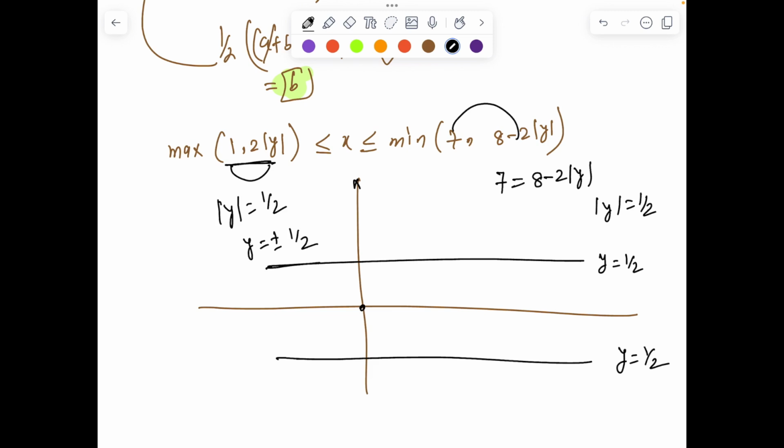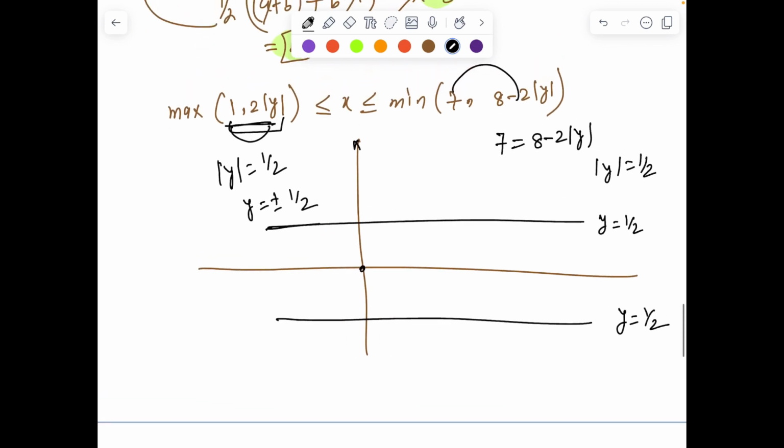So the equality case will be 7 equals 8 minus 2 mod y, and it will give mod y equals half, which gives y equals again plus minus half. So for both of them I'm getting the same value, and now x should be lying between the max of this as well as the min of this, right? One of the graphs I'm getting is from here.